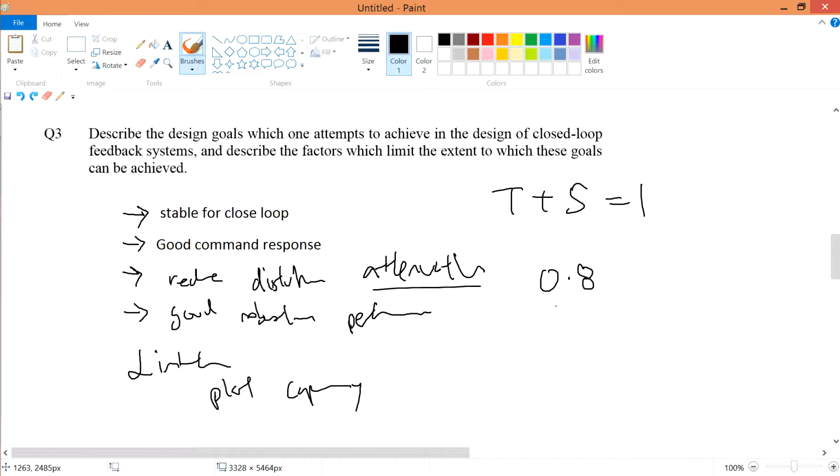So the plant capacity means the plant's capability to deal with problems when it is closed loop or things like that. I forget, you should go back and watch your plant capacity video.